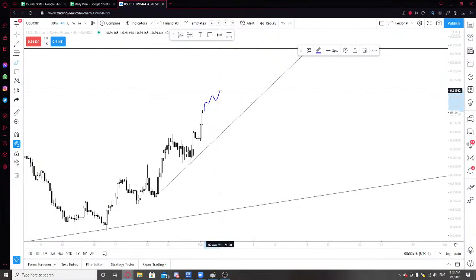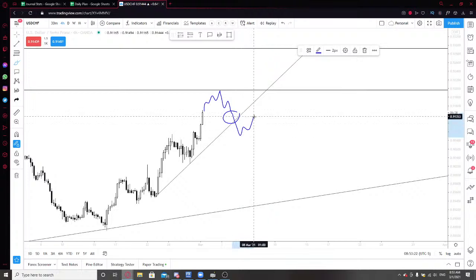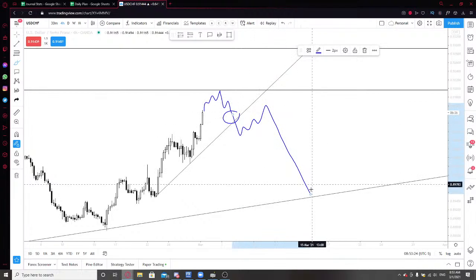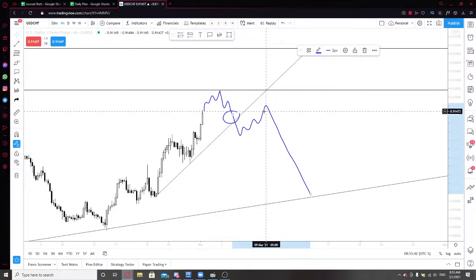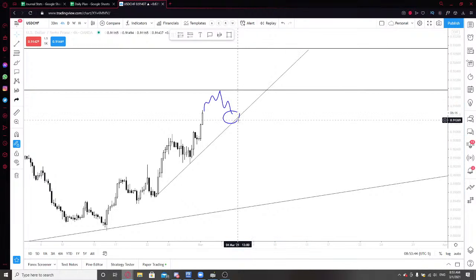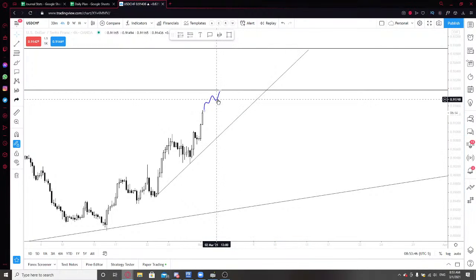If a sell opportunity does present itself and price breaks through this trend line here, I'm looking for price to continue down and scale all the way down to this trend line. That's if we get a reversal pattern there, and if price breaks a few levels. Basically that trend line level is really all it needs to break in order for me to start looking for that daily correction and then sell. But right now, all buy. My eyes are only for buys on dollar Swiss right now.